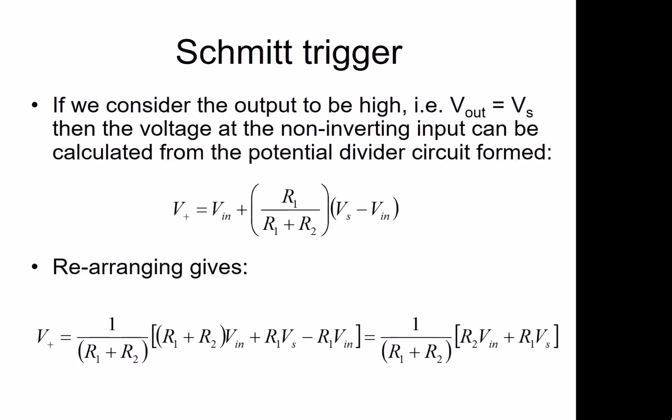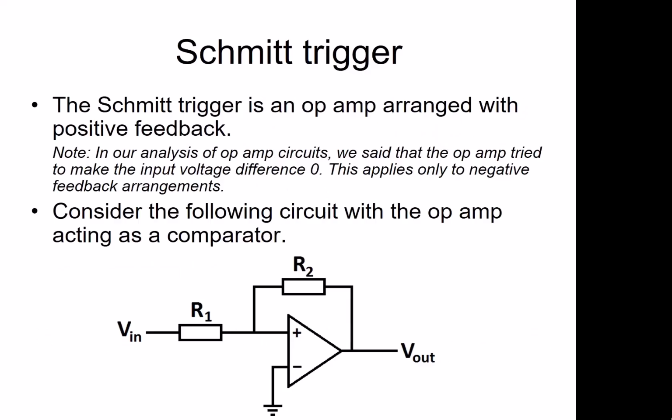So if we go back to our circuit, the output will go to minus Vs when the potential at this point drops below the potential at this point. This point is at earth, so this is 0 volts, so therefore this point here has to drop below 0 for the output to switch to minus Vs.